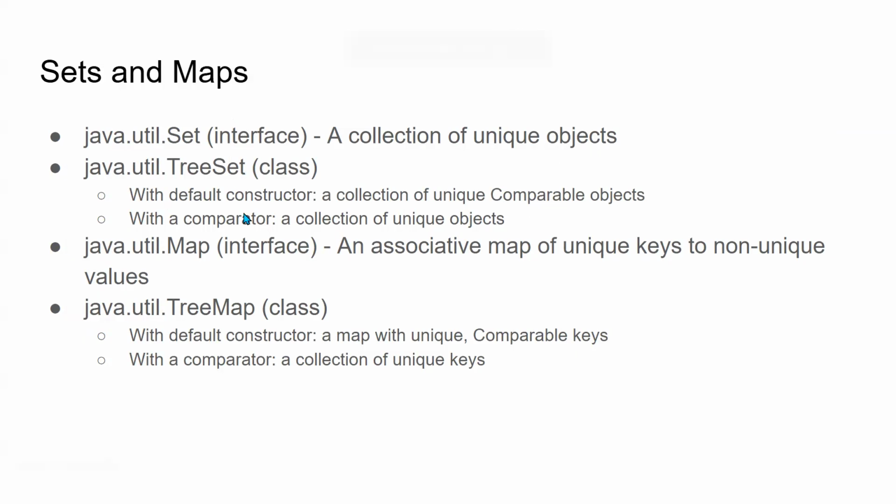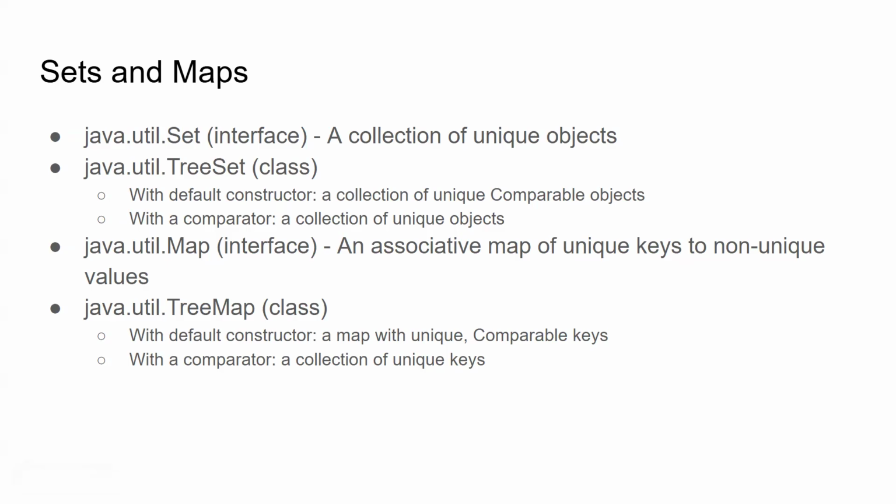We also have some other things in java.util in this collections framework. We have Set and TreeSet, Map and TreeMap. These interfaces and classes are other places where you can make use of comparators.